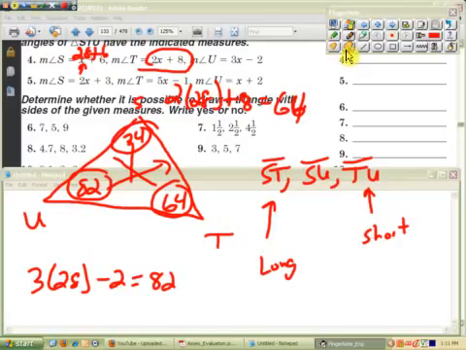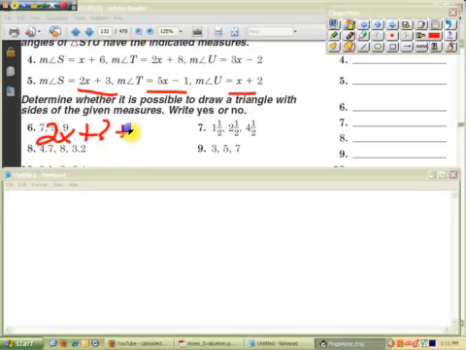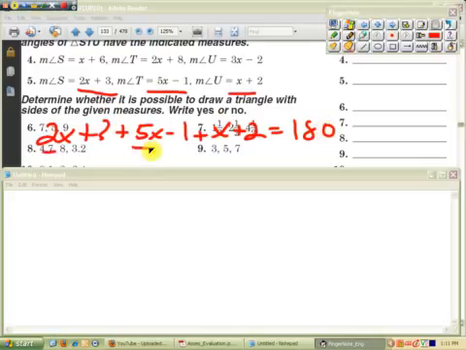Number 5 is done the same way. I will do the problem for you. So again, we have 3 given angle measures. Add them up and equal them to 180 because this is angles of a triangle. So I have 2x plus 5x plus 1x.